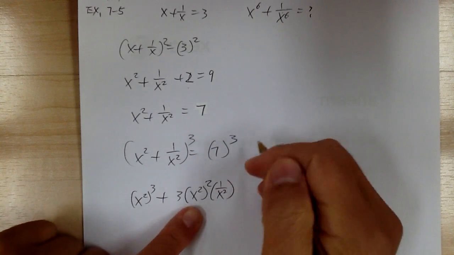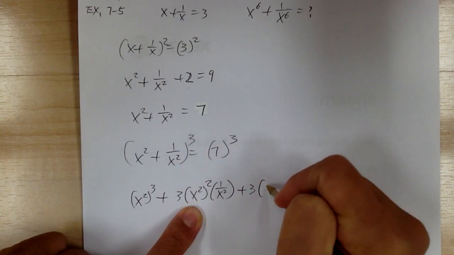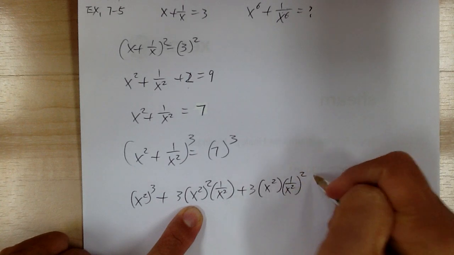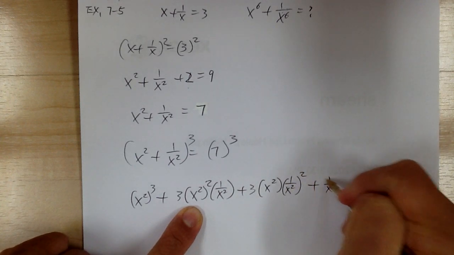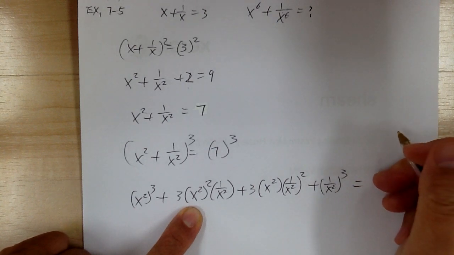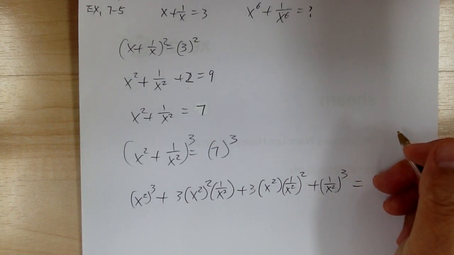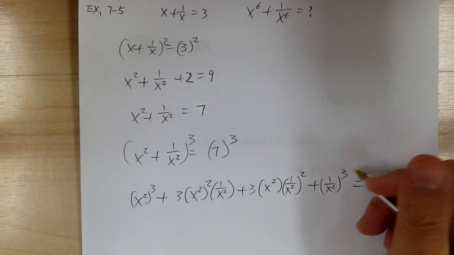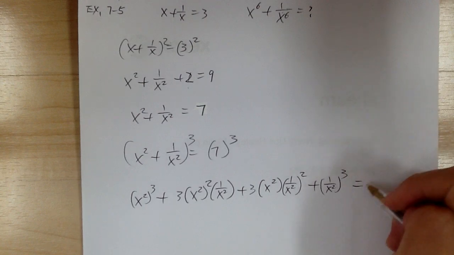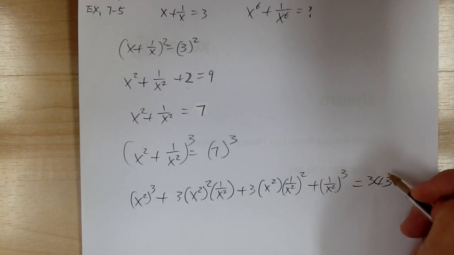Right, that's your binomial expansion. So plus 3 times x squared times 1 over x squared squared plus 1 over x squared to the 3 power equal to, okay, so that's going to multiply out. Okay, so you get 343.